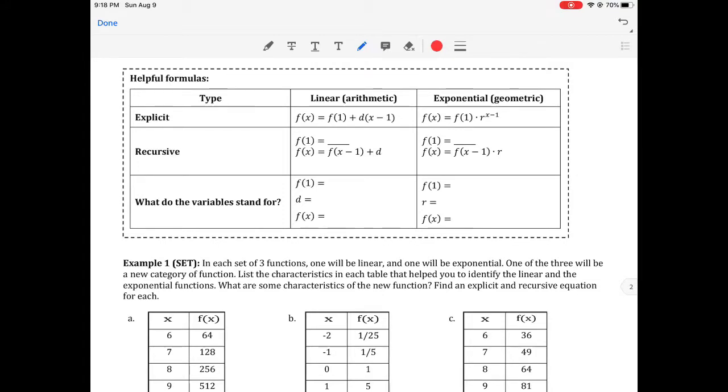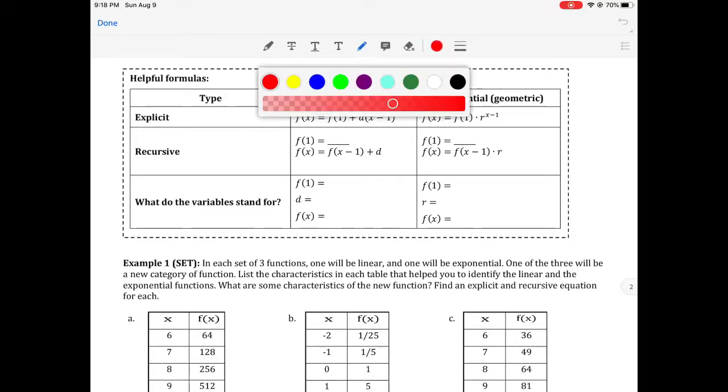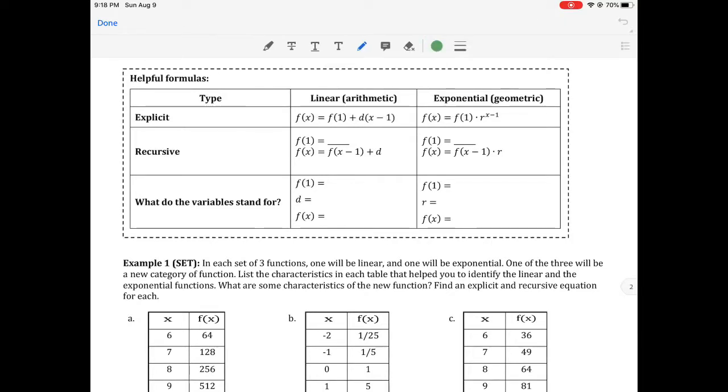Remember f of 1, which we see a few times here, is just the first term. It doesn't matter if we're talking about linear or exponential, you see it in both of them. It is always going to be the first term. Whereas f of x, which we see in both, is the xth term. That's the term we're looking for.